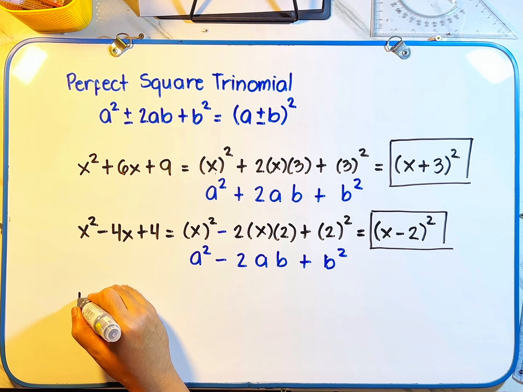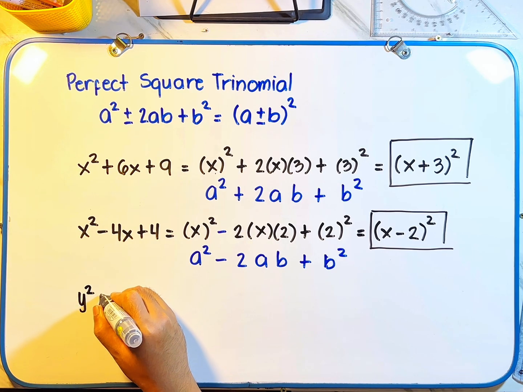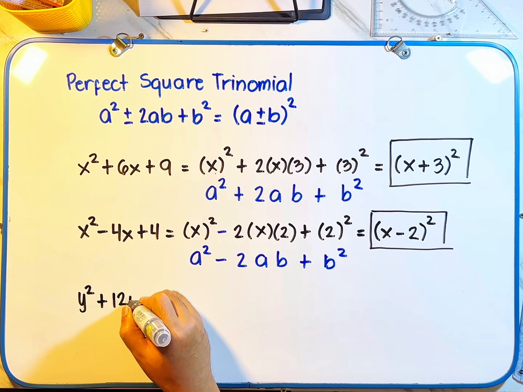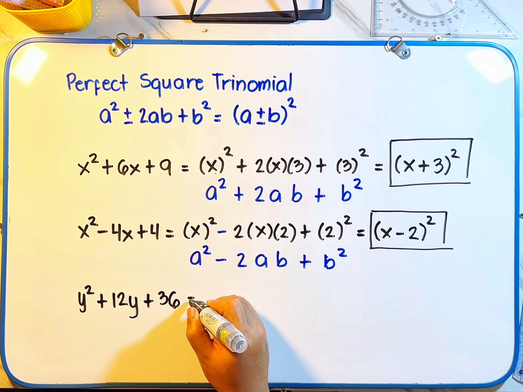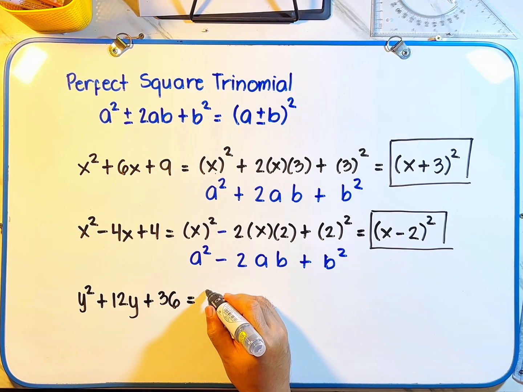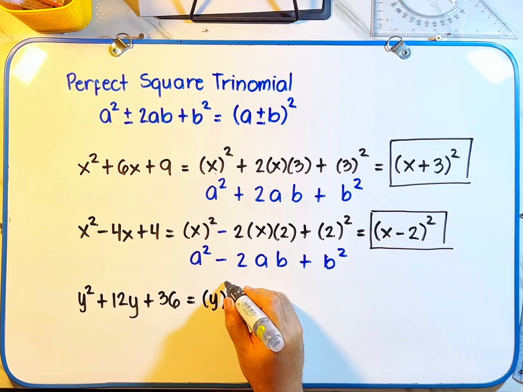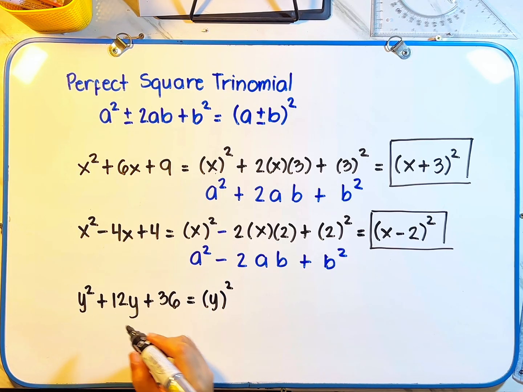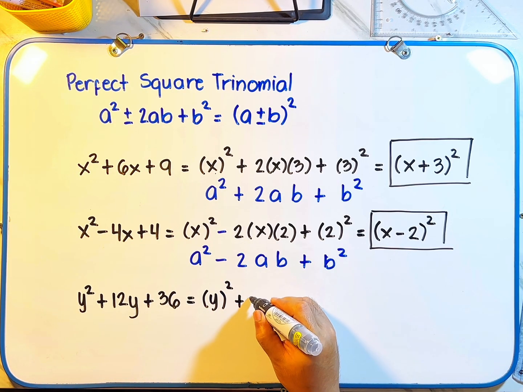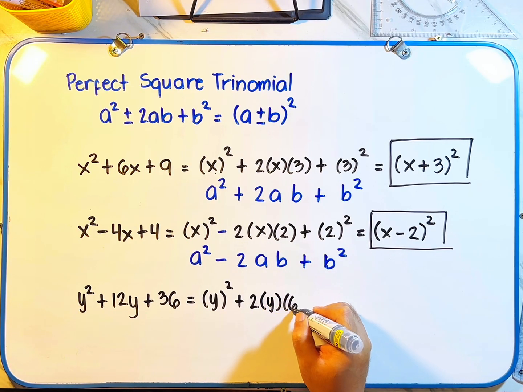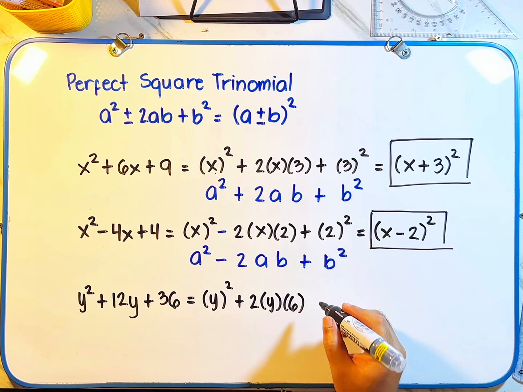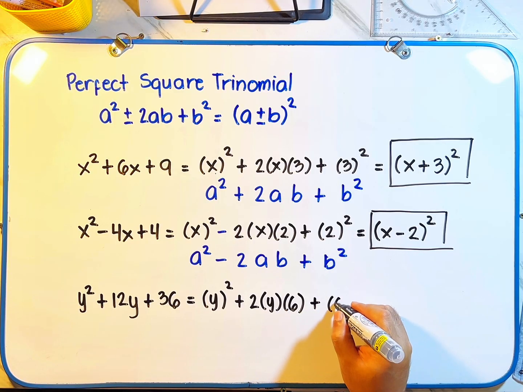Next, how about y squared plus 12y plus 36? Okay? y squared, let's write it like this. y squared. And then plus 12y can be written as 2 times y times 6. And then 36 is 6 squared.